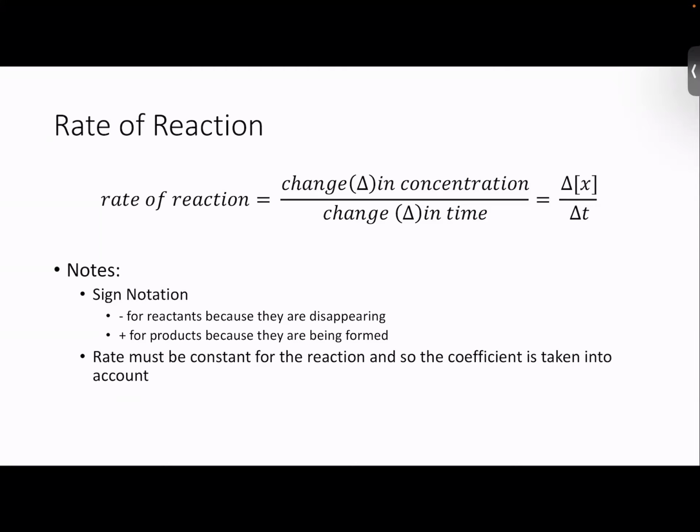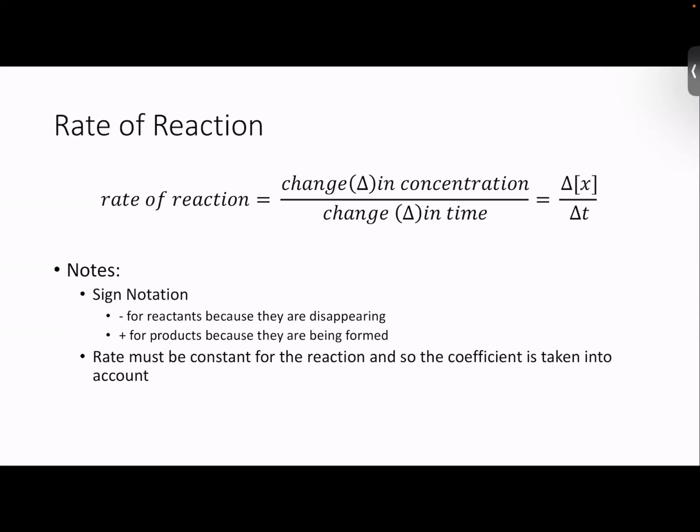The other thing you need to know is that an instantaneous rate is the speed at a specific time, a short period of time. And the rate at which the reactants disappear or the products form must be the same.